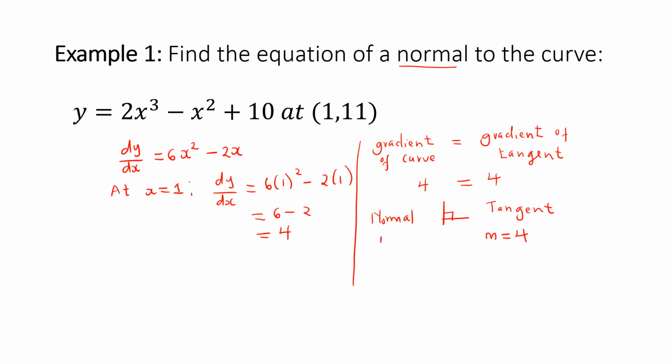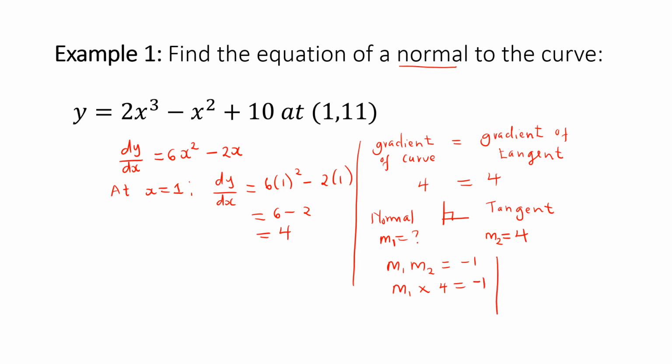We are looking for the gradient of the normal, which we don't know. But we can call this one m1 and this m2. So m1 multiplied by m2 should give us -1, where m1 is the gradient of the normal. So m1 multiplied by m2, which is 4, should give us -1.